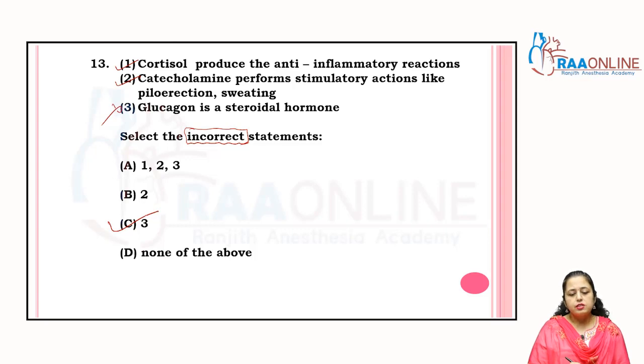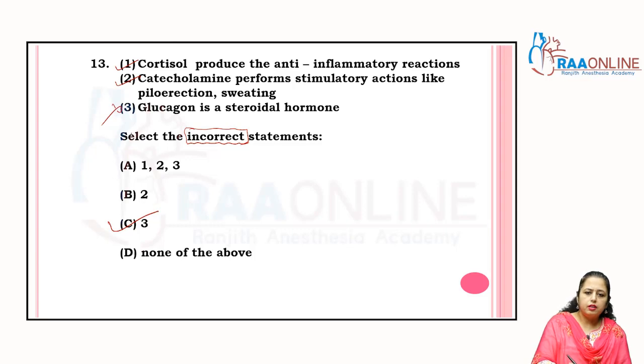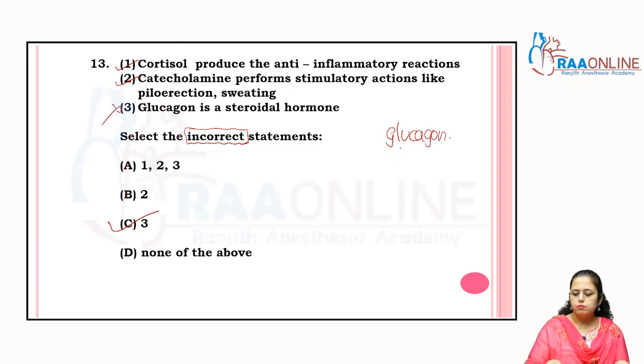Glucagon, actually, is a peptide hormone, right? Glucagon is secreted by alpha cells of the pancreas, right?